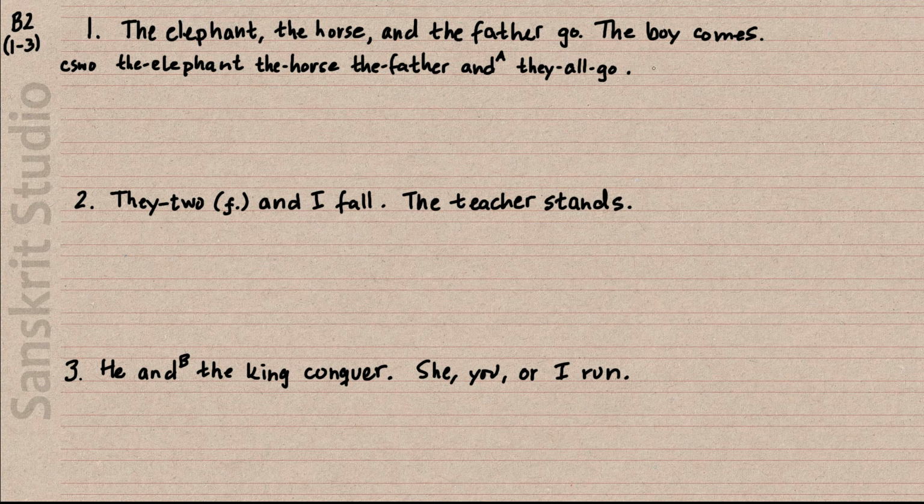Okay, and then we have the boy. Similarly, we are grouping the article and the substantive here itself, and then we are clarifying the verb, he comes, like that. So now let's do our transliteration.